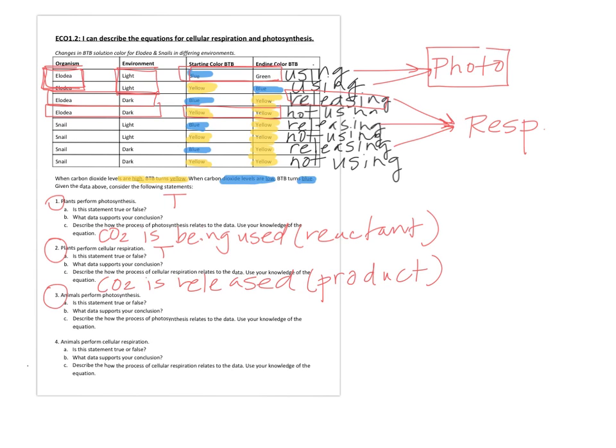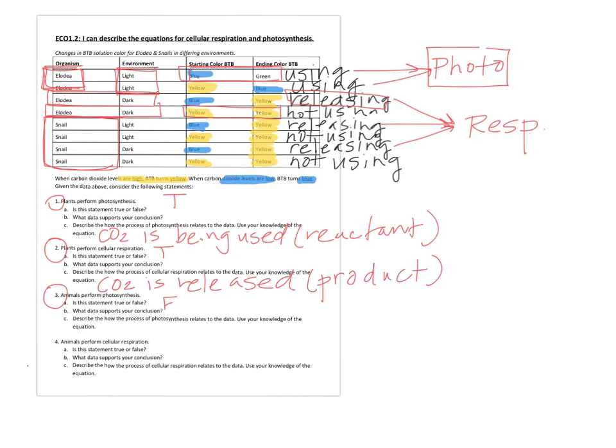Number 3, animals perform photosynthesis. Let's look at the snail, which is our animal. And we never see an example where CO2 or carbon is used by the snail, right? It never goes from yellow to blue. It's either released or definitely not using because it's staying at yellow. Okay, so this statement has to be false.